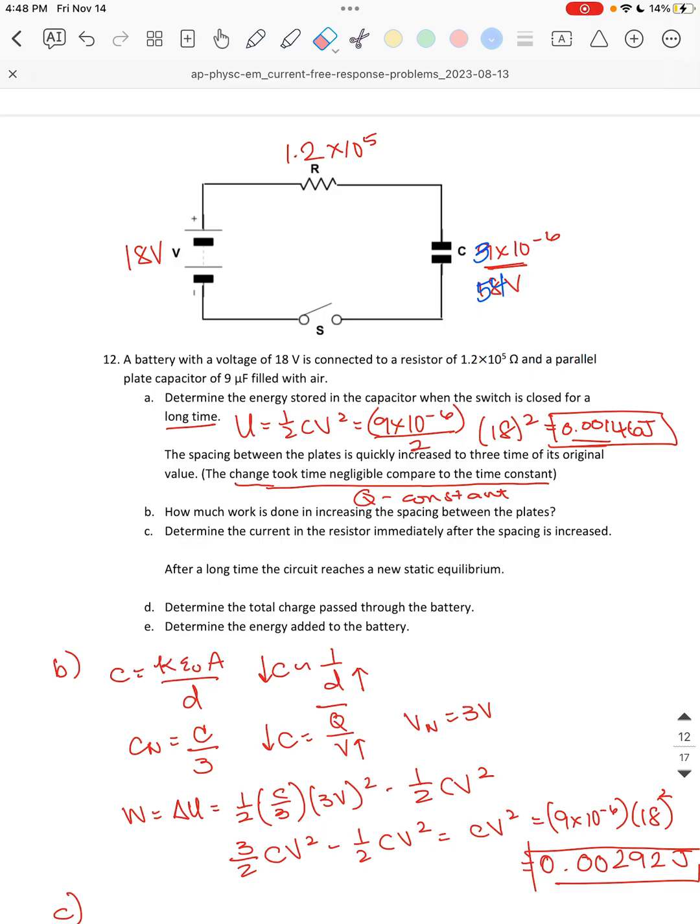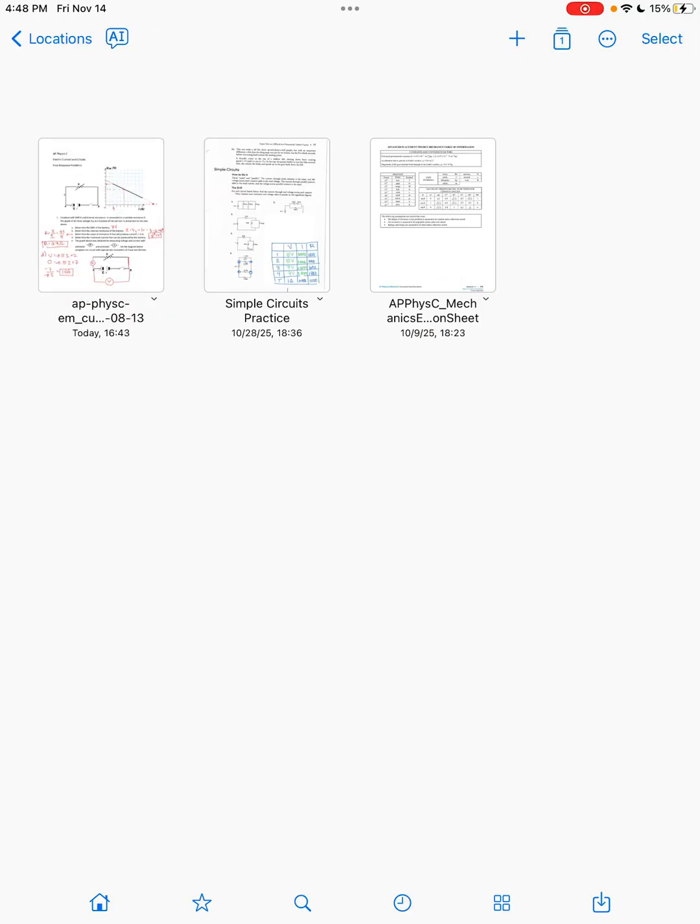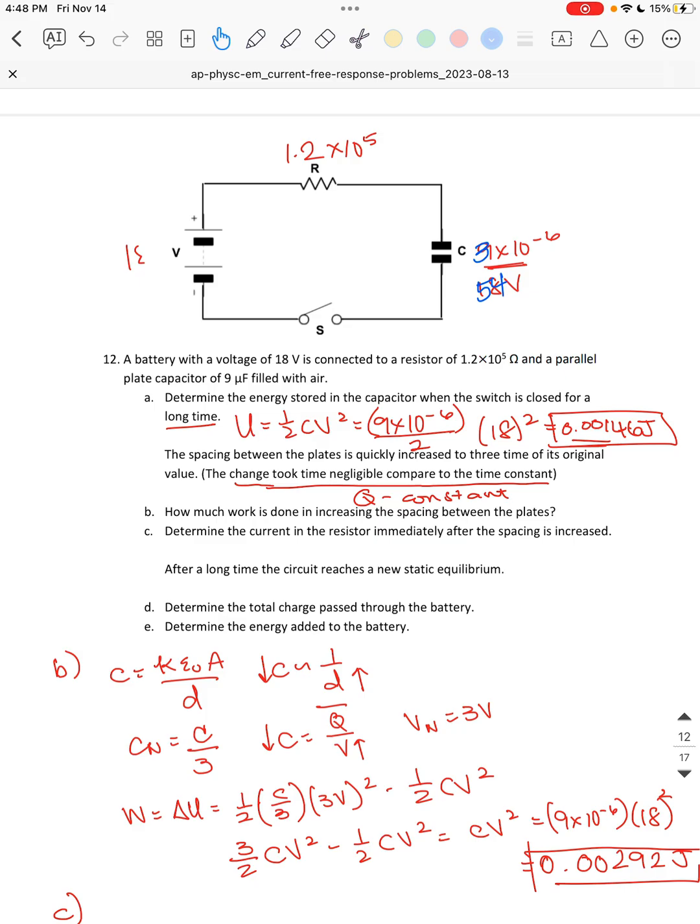So what I'm going to note is that a capacitor is like a battery. If the battery is charging up the capacitor, this is 18, from this side, that means it's going to charge up all the positive charges on the top of the capacitor here.